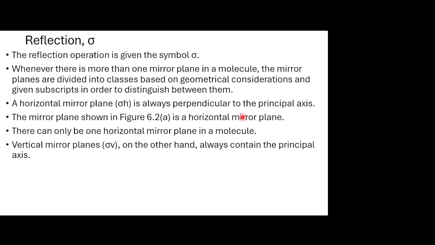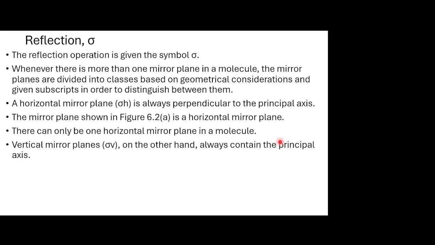So there can only ever be one horizontal mirror plane in a molecule. This is a very special one. It defines the molecule if you have it. The vertical mirror planes, on the other hand, are going to always contain our principal axis and can be quite a few. You can have a huge number of them. In fact, you can go to infinity.